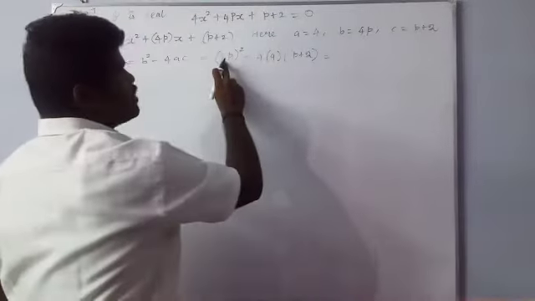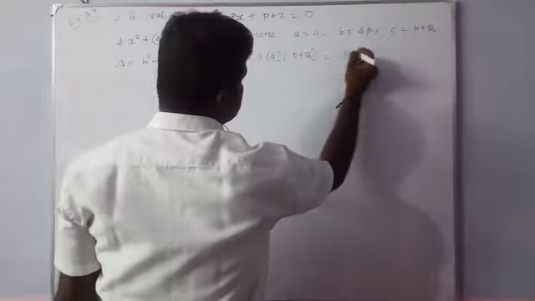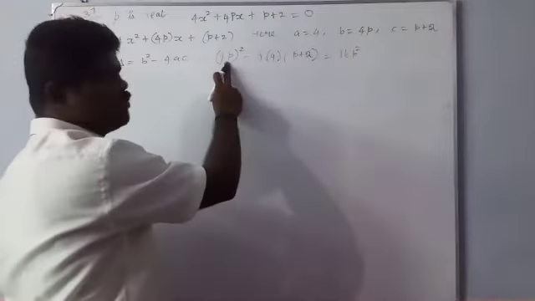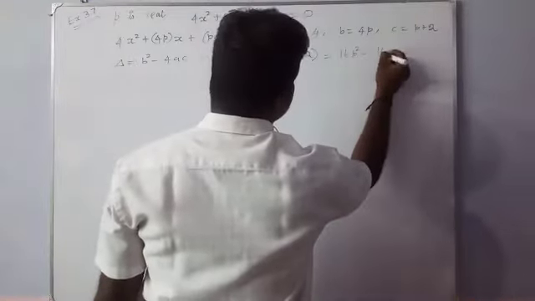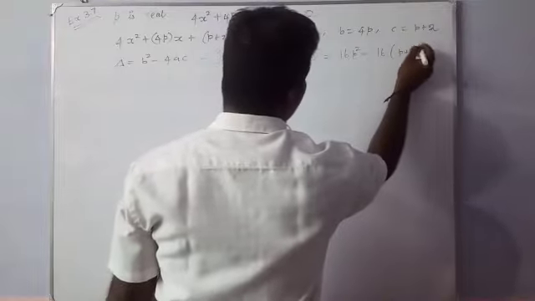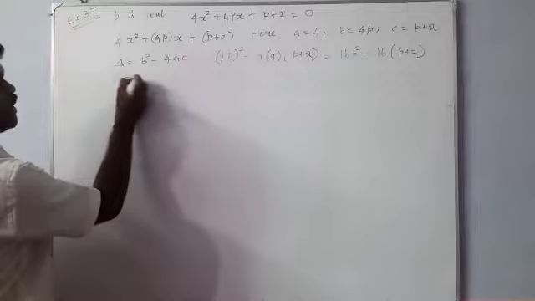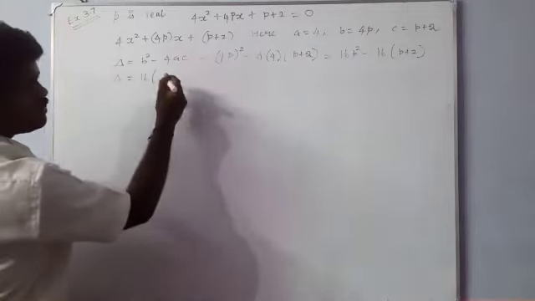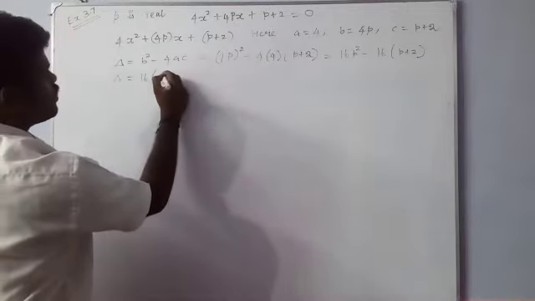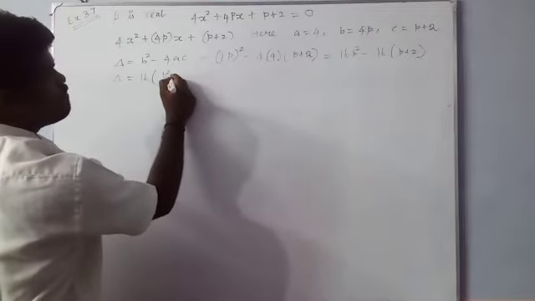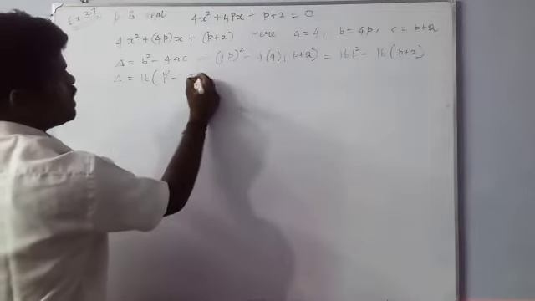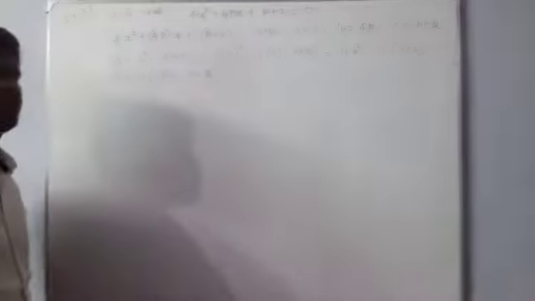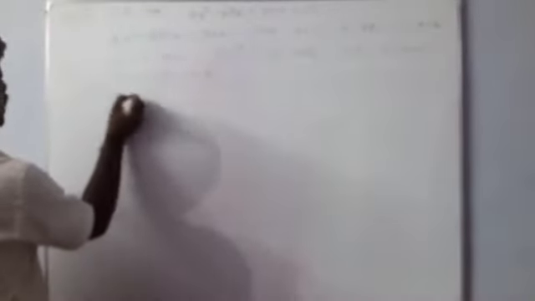Next, squaring the value, 16p square minus 16 into p plus 2. Take 16 outside. Delta is equal to 16 into p square minus p minus 2.